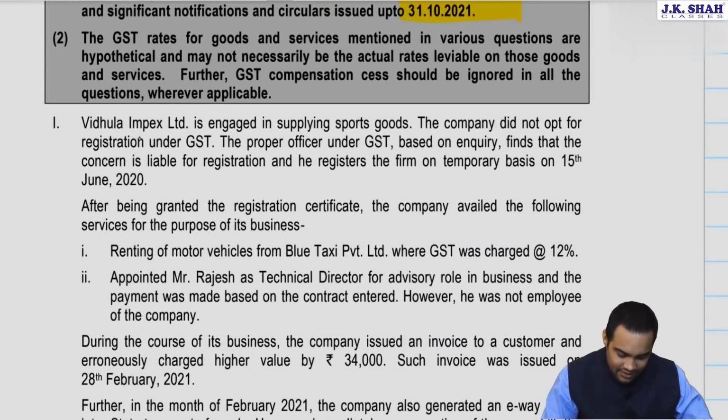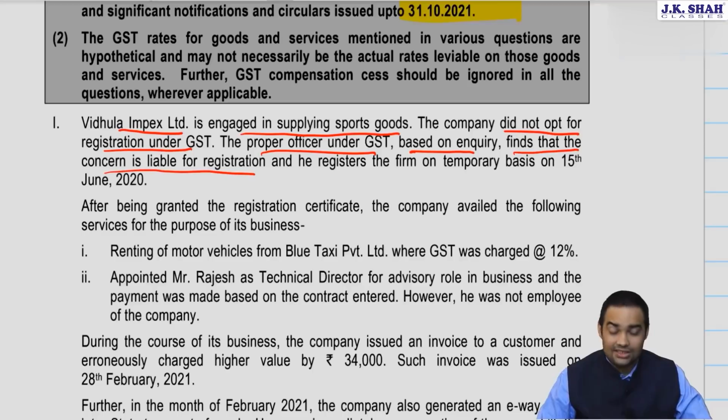Okay. Vidula Impex Limited is engaged in supplying sports goods. Fine. The company did not opt for registration under GST. Okay. The proper officer under GST, based on enquiry, finds that the concern is liable to register.